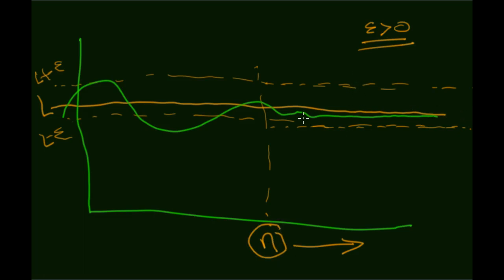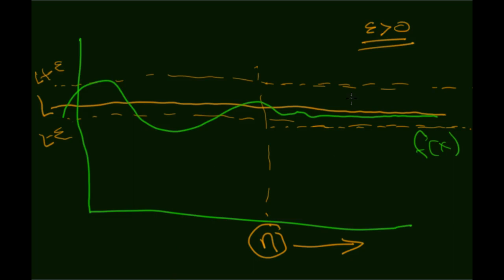If that's the case, then the green part, my f of x, is approaching L as we're going to infinity. This is a basic understanding of a function as x is going to infinity.